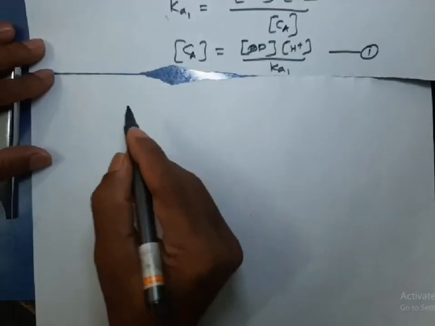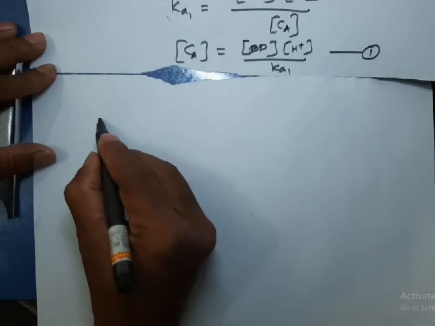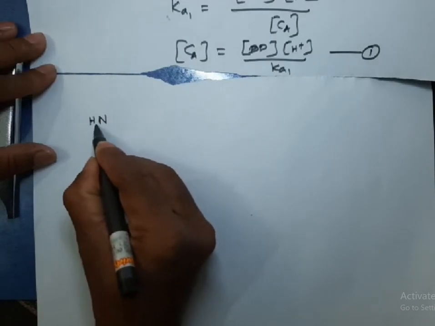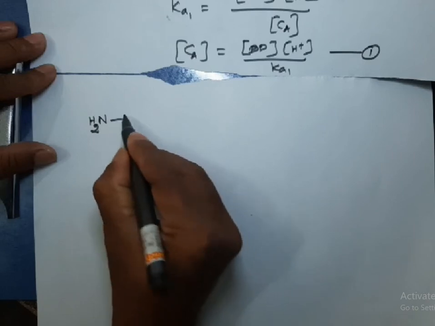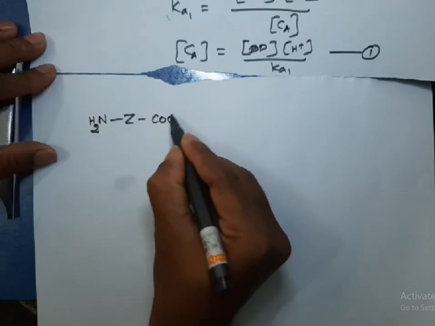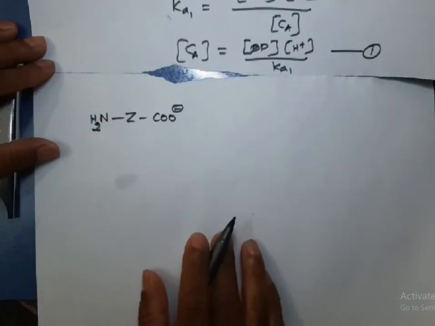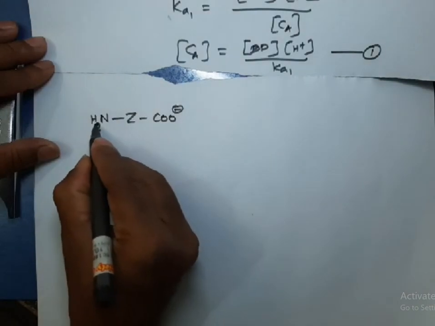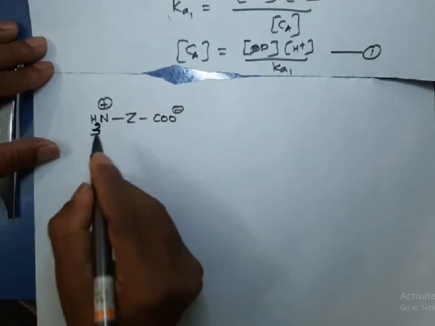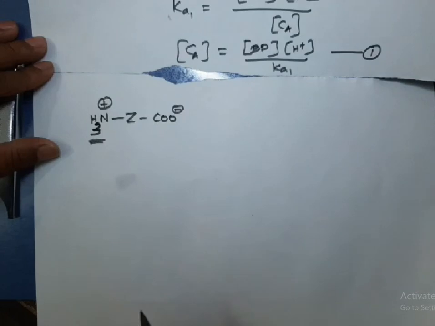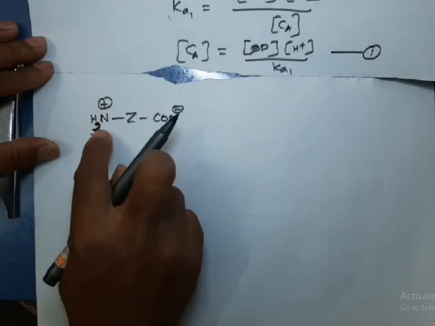The conjugate base is this, NH2ZCOO-. For this I'll take NH3+, because we need to find the K of this particular group.